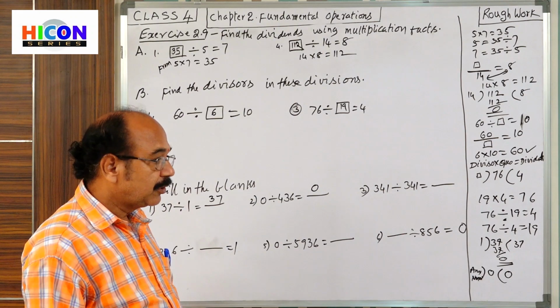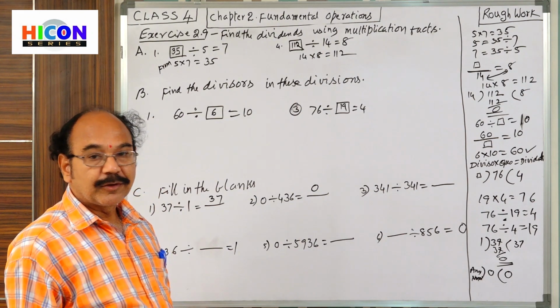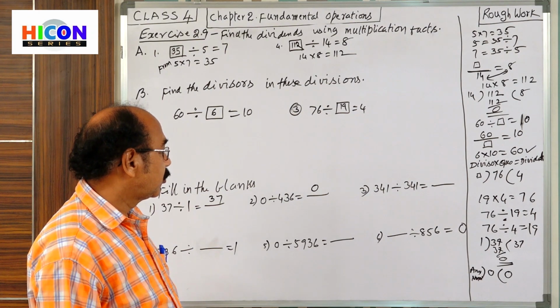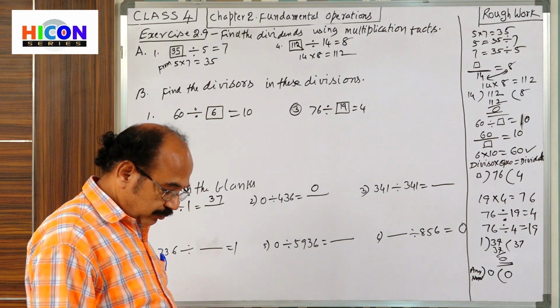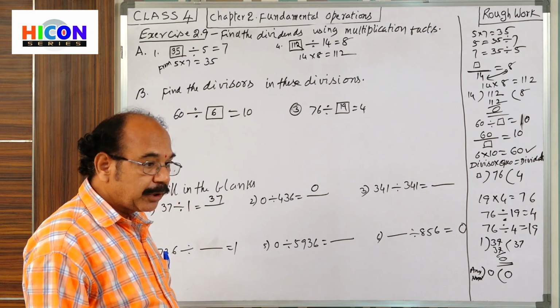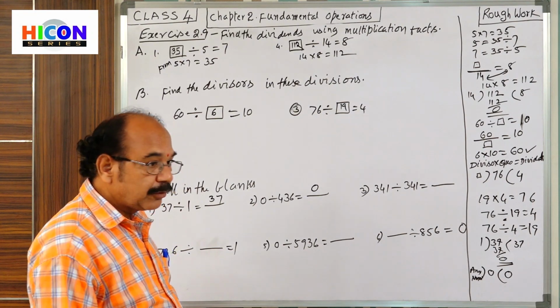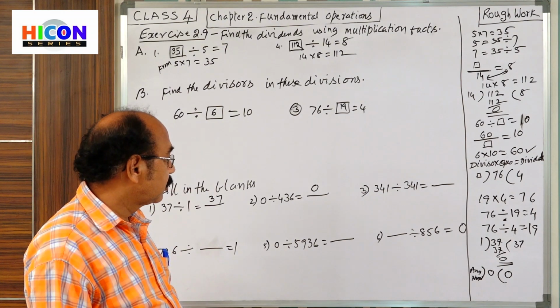That is undefined. We discussed in the properties of division: when 0 is divided by any number, the quotient is 0 always.